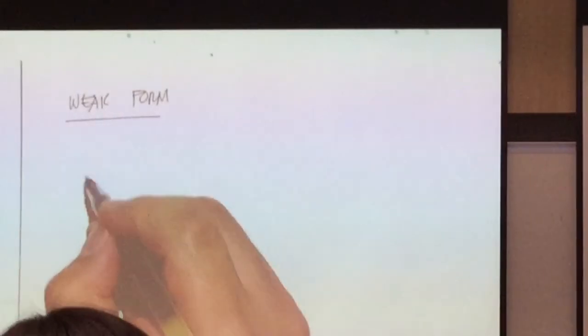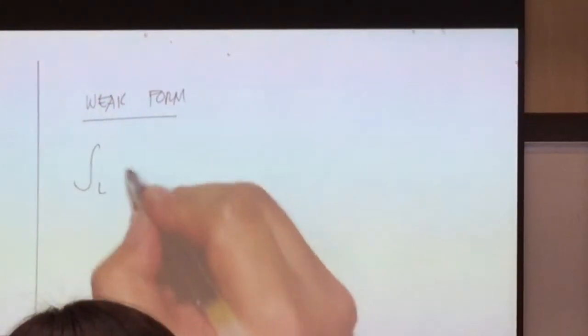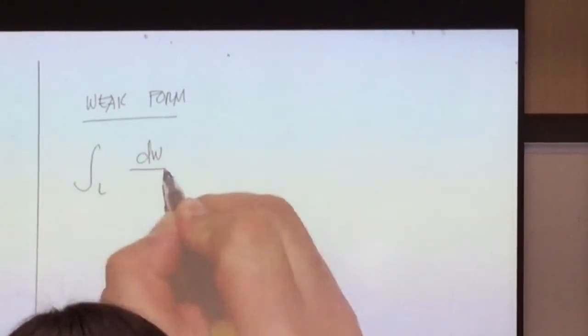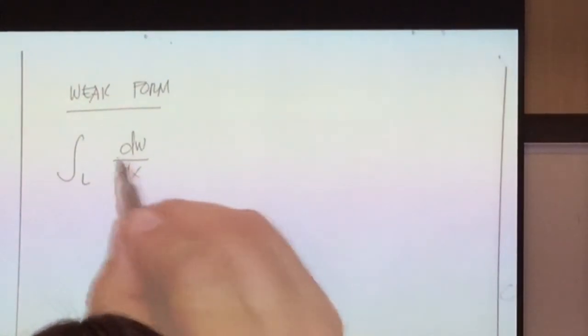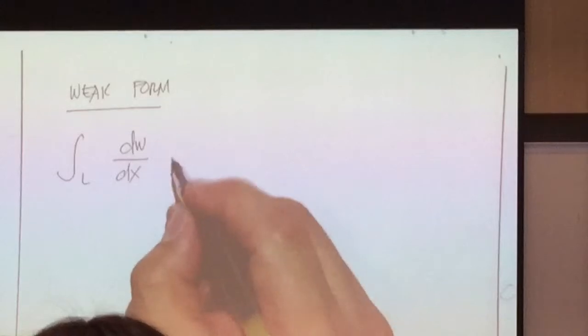From your weak form, just try to write the integral of the derivative of the weight with respect to x. W is your weighting function.